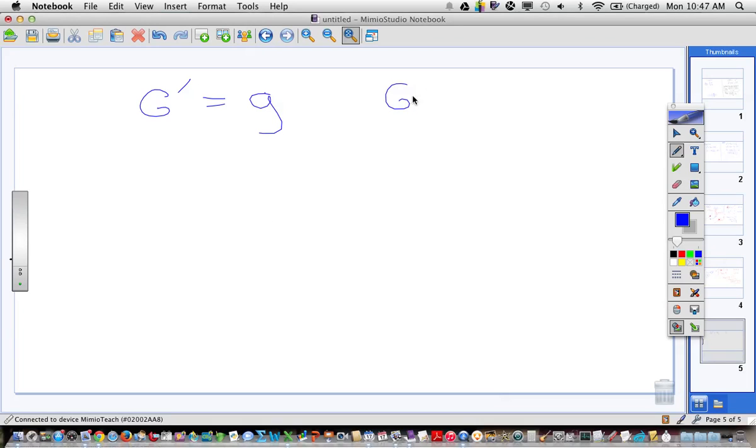And they said that big G is like that. Okay. They want 3 antiderivatives of little g, right? Well, what is the antiderivative?